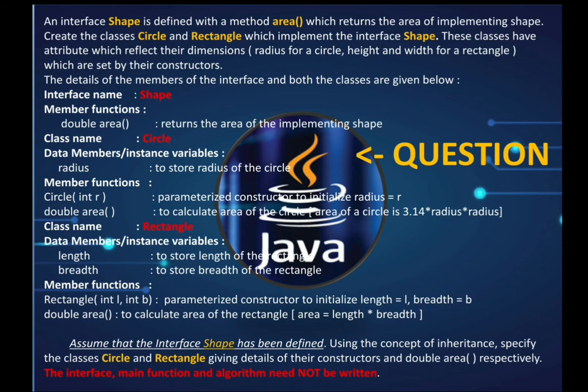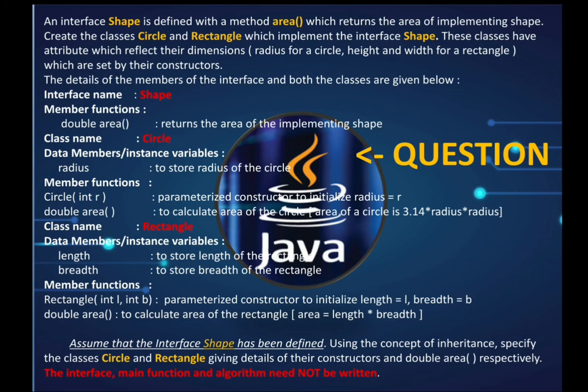And we have to assume that shape is already created, and using the concept of inheritance we have to create the circle class as well as the rectangle class. In this we have to provide the constructors and the double area respectively. The interface, main function and algorithm need not be written.